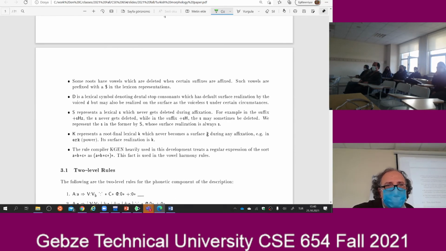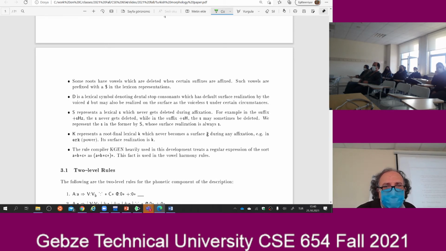Some roots have vowels which are deleted when certain suffixes are affixed. Such vowels are prefixed with a dollar sign in the lexicon. So they are deleted when certain suffixes are affixed. We are going to come back to it and see which ones are there.